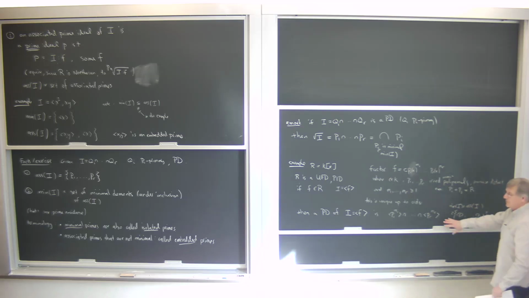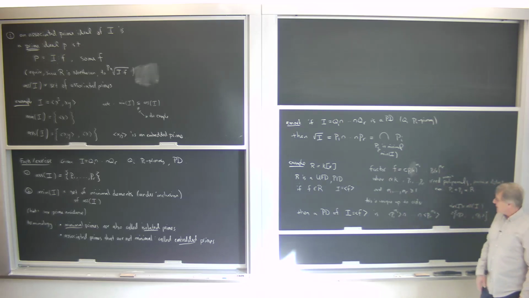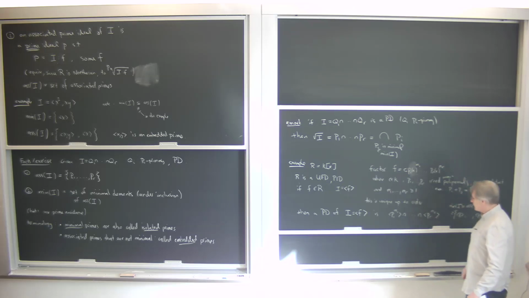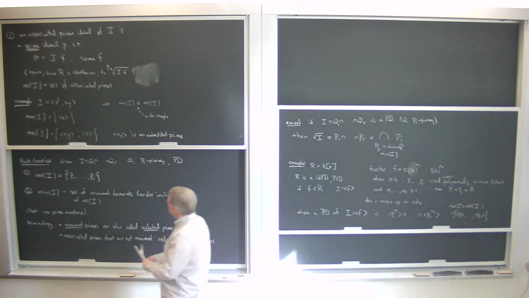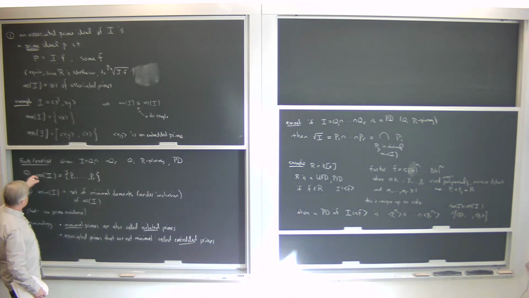So this is a pretty straightforward case. These are all primary ideals then, and in fact, this is completely unique. There is no other ideal that you could put here that would give you a primary decomposition. In fact, I'm not going to say that right at the moment, but if I have a minimal prime here, then I have its associated primary ideal.